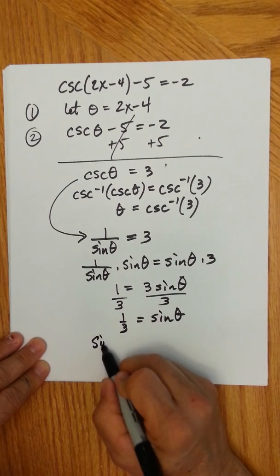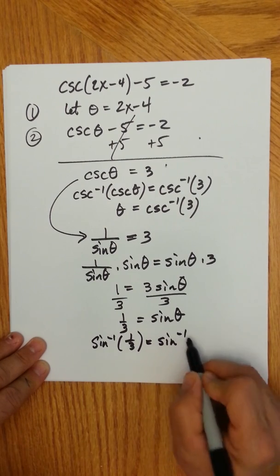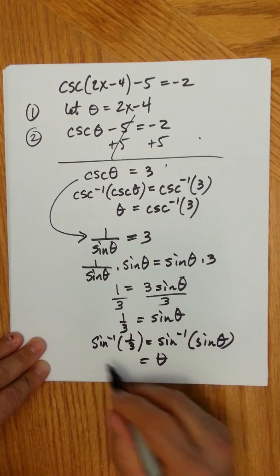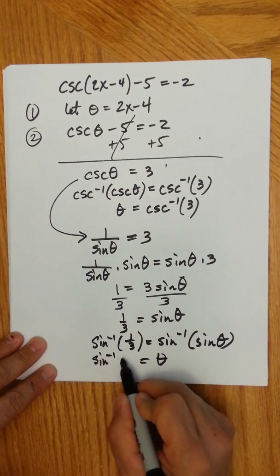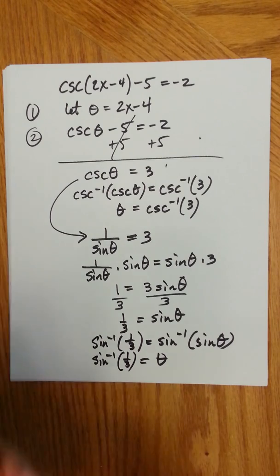And now I can take the inverse sine of both sides. And finally, I've solved for the angle, and in a way that I can use my calculator to actually give me an answer. Okay. So, here I do have an inverse sine button right there.